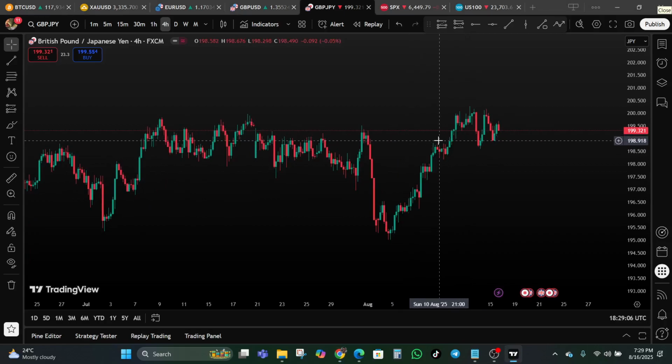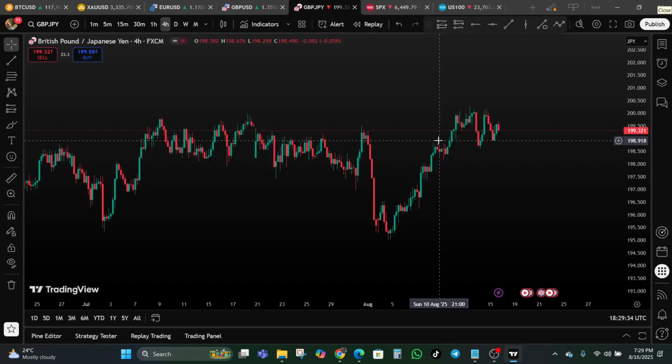Market structure, liquidity zones, and order blocks are some of the clearest ways to spot the footprints that are left by the big players in the market. So when we talk about pullbacks, we are essentially waiting for price to revisit those footprints before making our move.